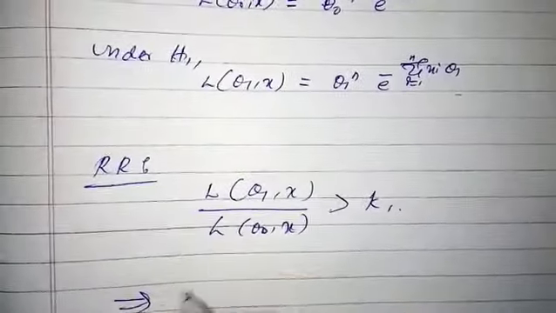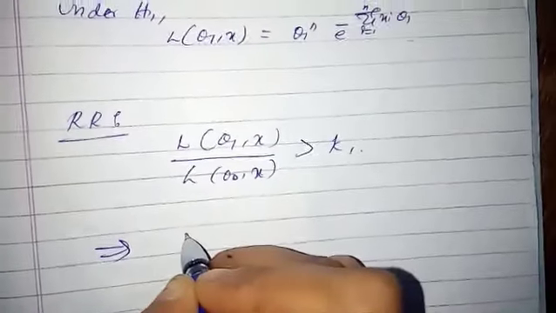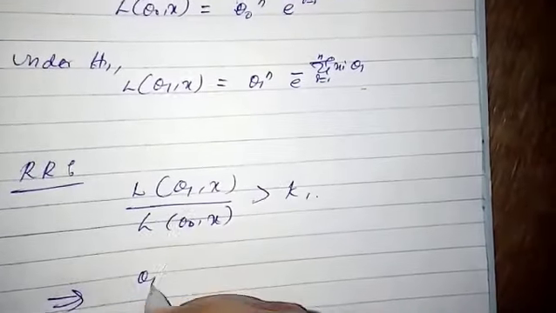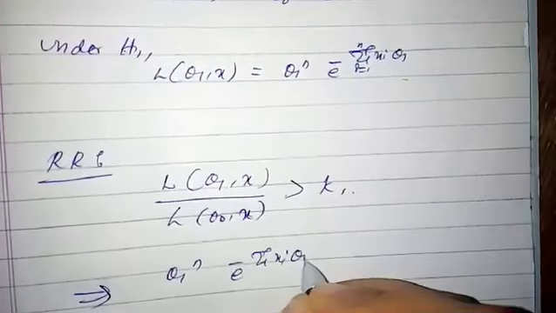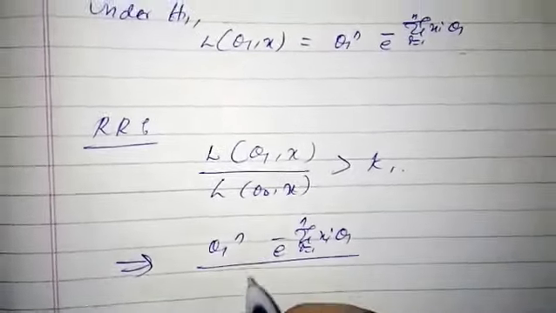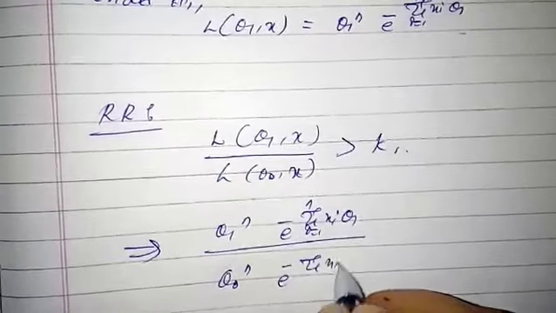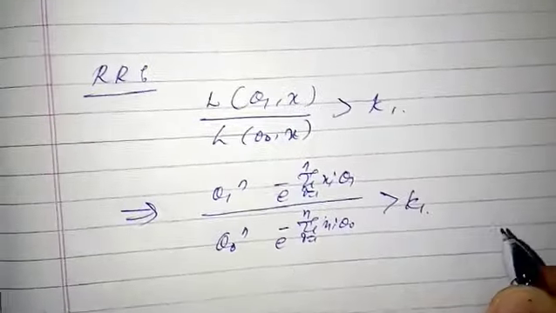So here we substitute the value of the likelihood: theta 1 power n, e power minus summation xi theta 1, i from 1 to n, divided by theta naught power n, e power minus summation xi theta naught, i from 1 to n, which is greater than k1.